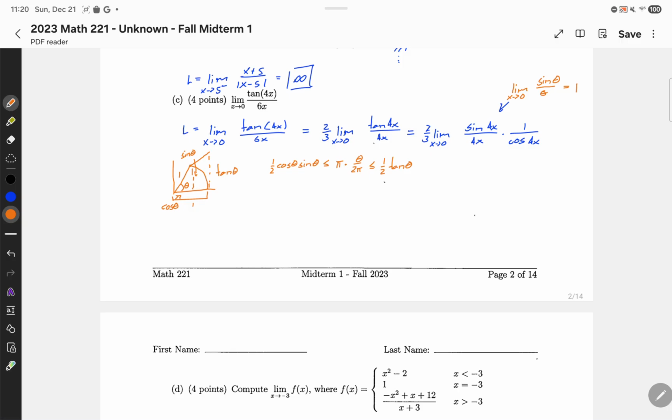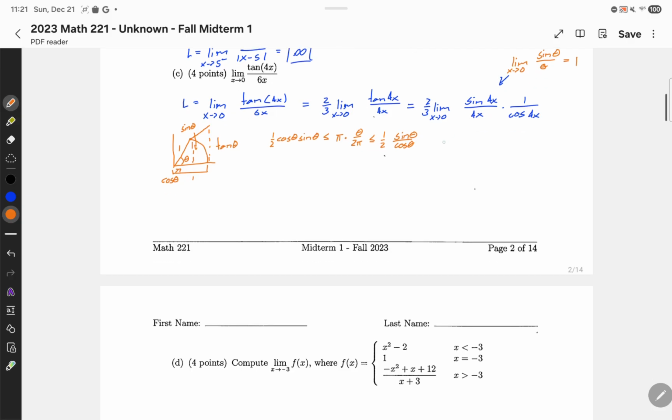Alright, and so now let's go ahead and actually rewrite tan theta as sine theta over cosine theta. And what this is going to tell us is let's divide everything by sine and also multiply everything by 2 at the exact same time. So this one on the left is just going to turn into cosine theta.